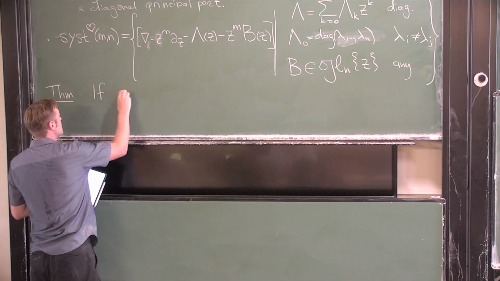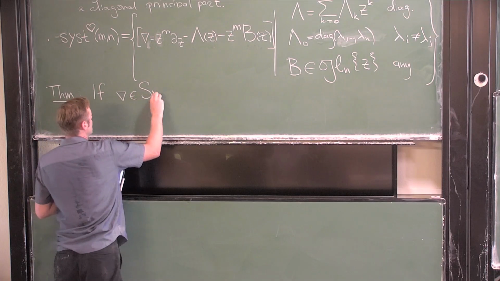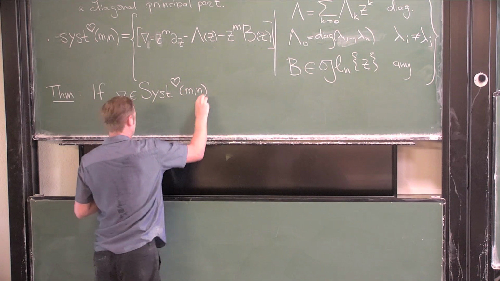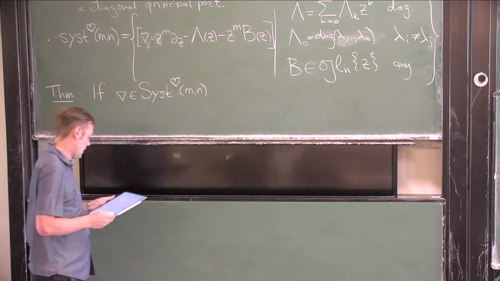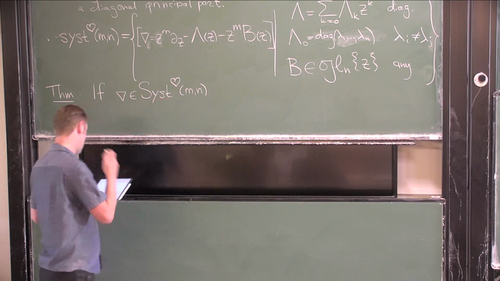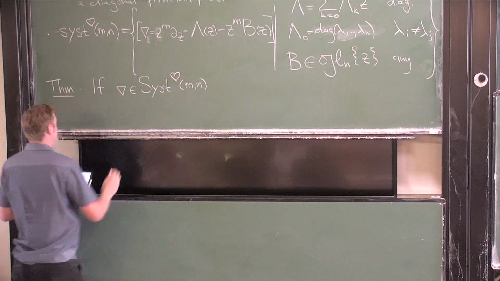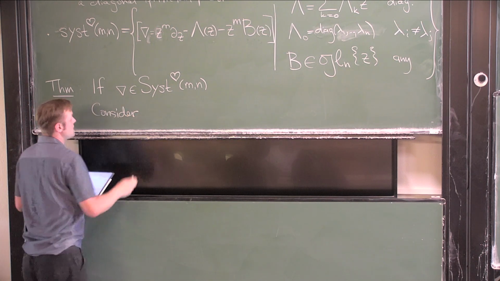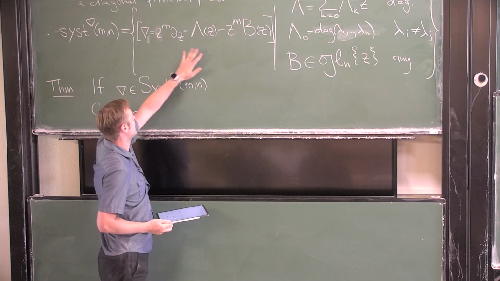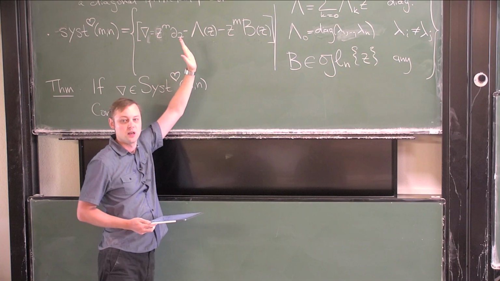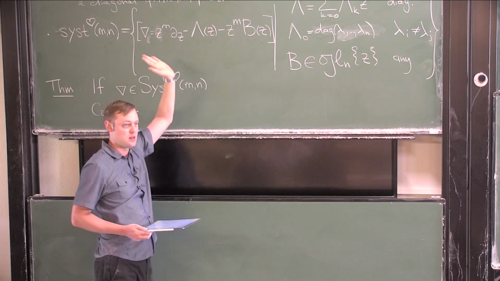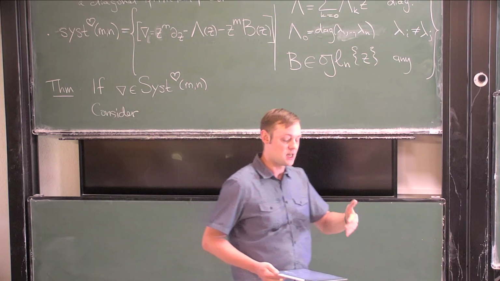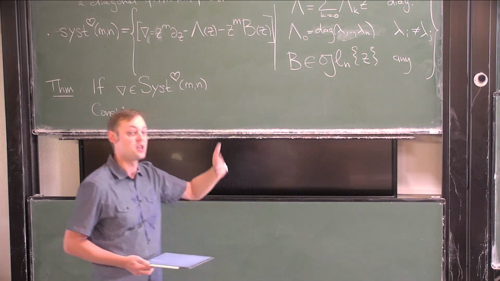If I have a system, nabla, and let's say this is a nice system, I would like to write down a normal form for this system, and then explain, like we did in the previous case, hopefully a result that any system is gauge equivalent to this normal form.